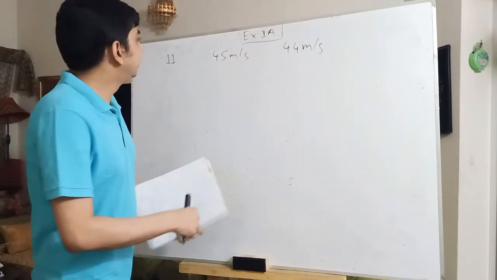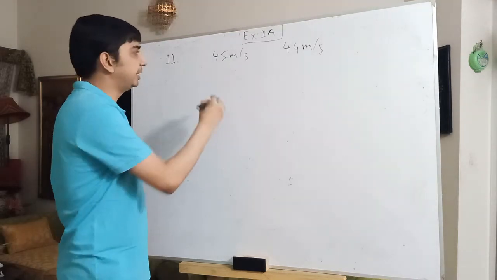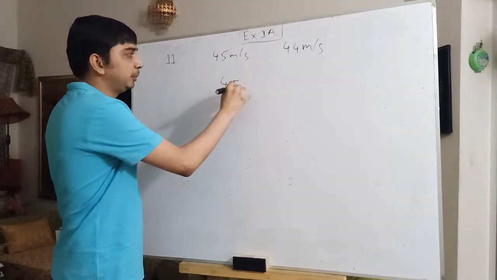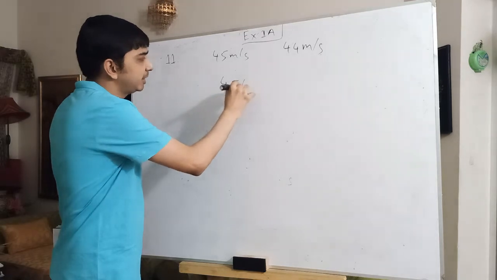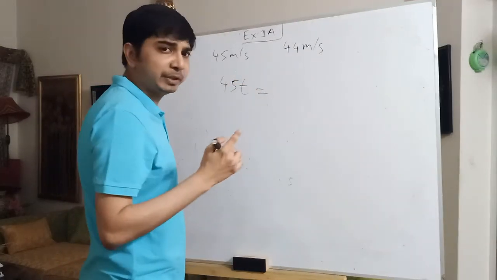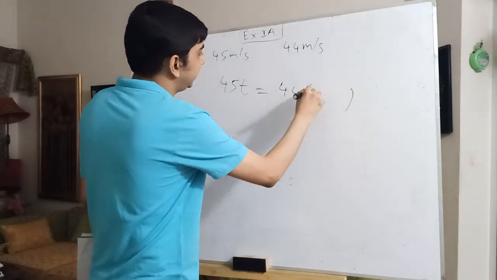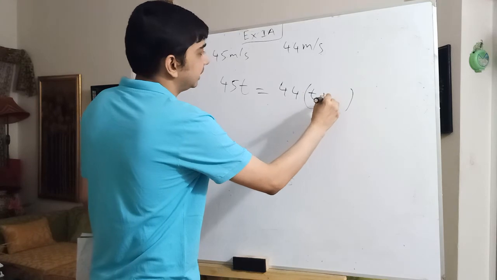So let's say the faster one takes t seconds to finish the race. So the length of the race will be 45t. Now the one traveling slower is going to take 8 seconds more, so speed into time is 44 times t plus 8.